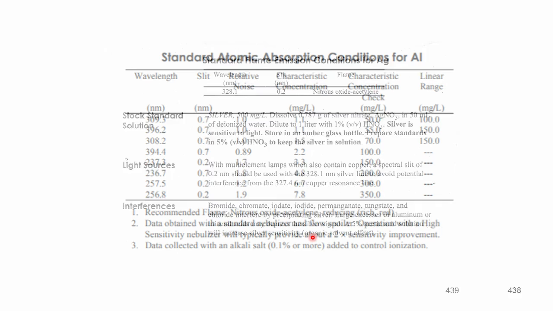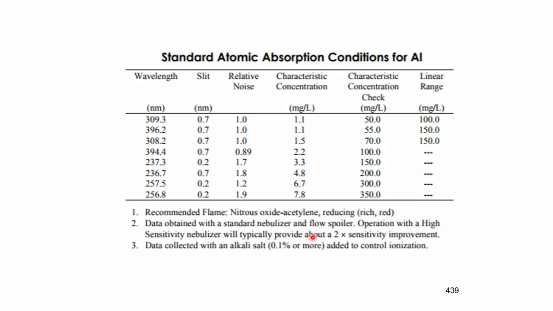Okay. So, these are the standard atomic conditions for aluminum. You can see that there are about 5 plus 5, about 10 resonance lines for atomic absorption, but their sensitivity, characteristic concentration, is almost comparable in the first 3, but lower in the remaining.